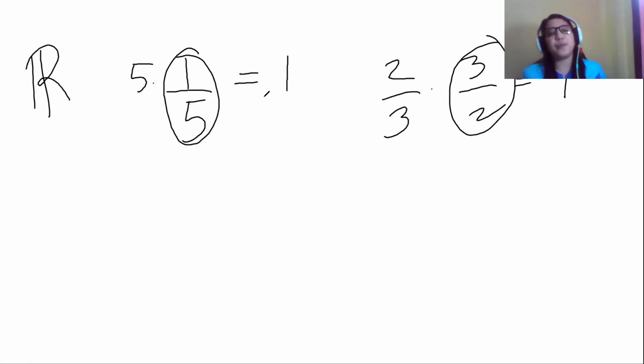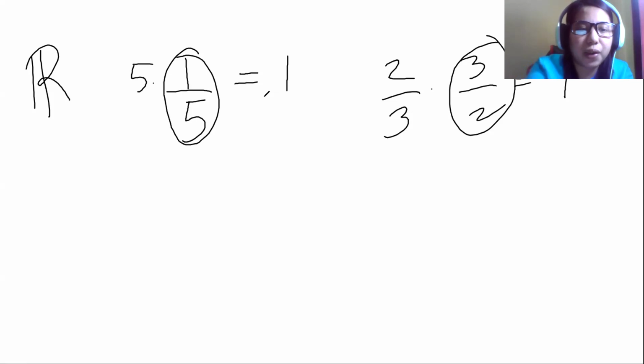How about for matrix or matrices? As mentioned in the properties, we also have the identity matrix and the inverse matrix.